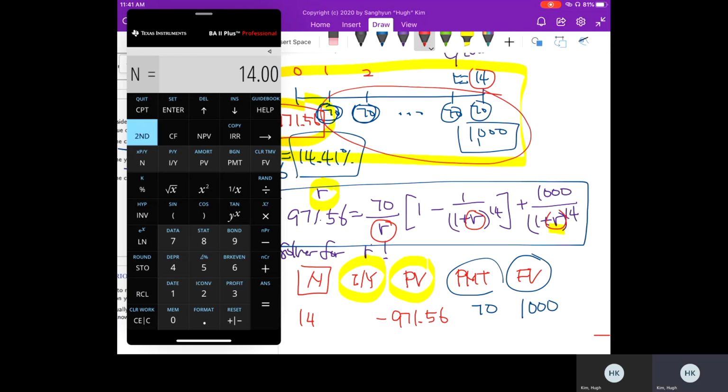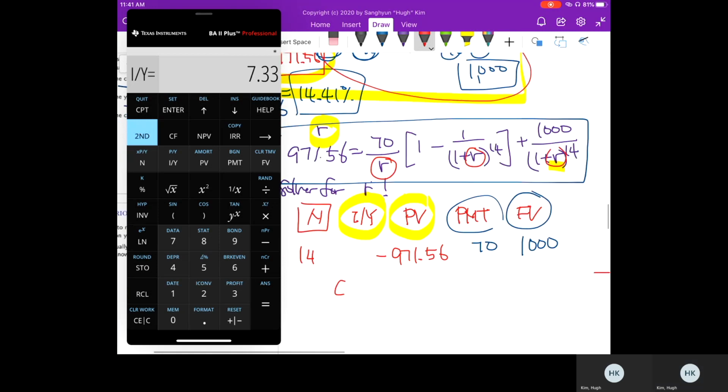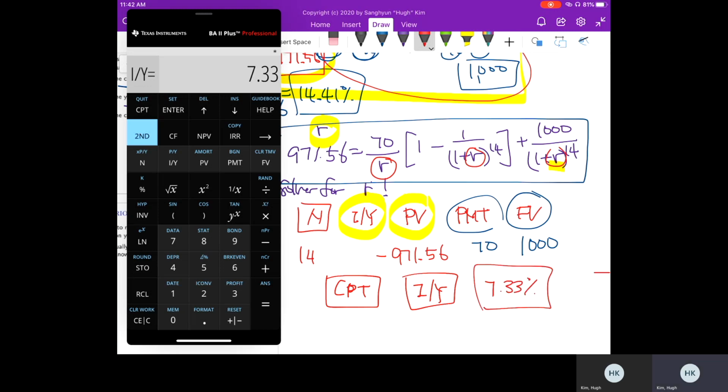And now I'm going to compute the interest rate. So compute interest rate gives you 7.3%. But this is not yield to maturity yet.